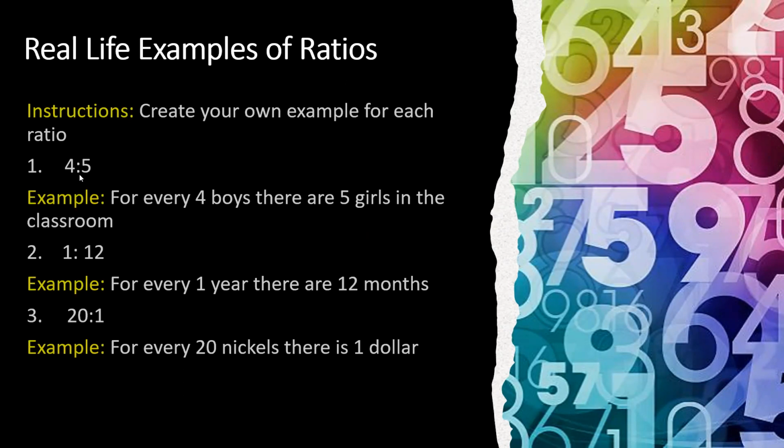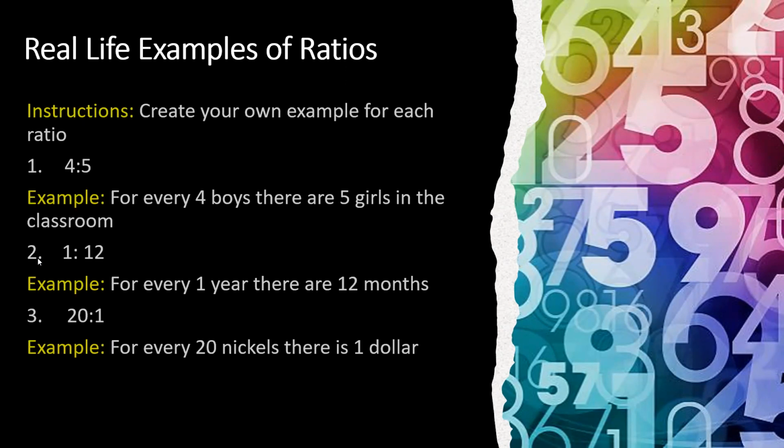We're going to use 4 to 5. My example is that for every 4 boys, there are 5 girls in the classroom. I want you to create an example of a ratio of 4 to 5. It has to have 4 and 5 in it.